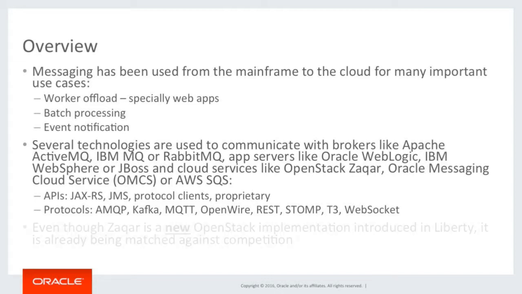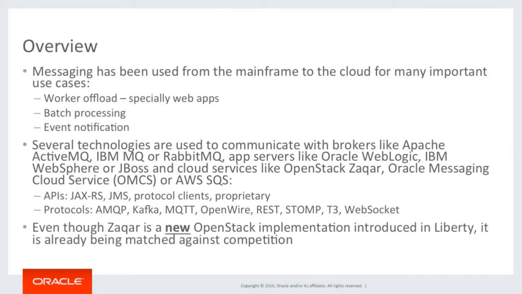Even though Zaqar is a very new project and a very new implementation, it was only introduced in Liberty, meaning last year, it is already being compared to other services. So hopefully this presentation will help those of you that have to compare Zaqar to the other services that have been there for longer than it has.